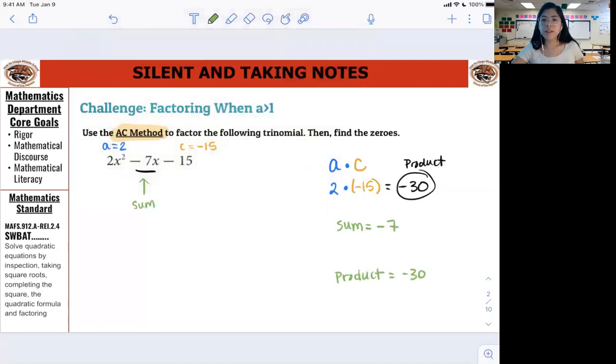We already did this, but a slightly different problem. We might have seen the same numbers before. So what two numbers are going to add up to -7 and multiply to make -30?